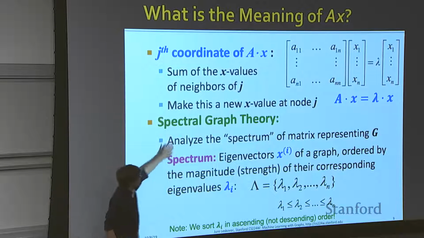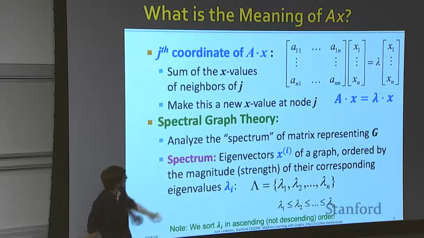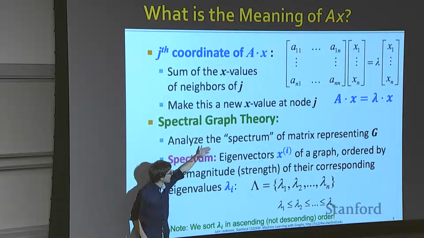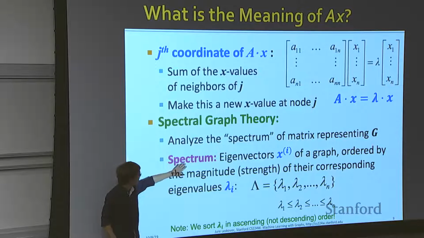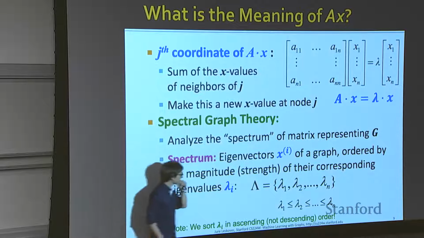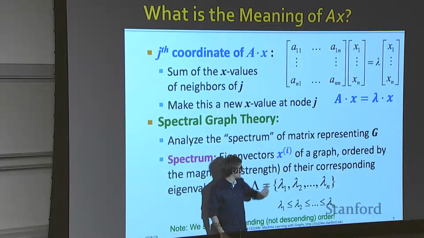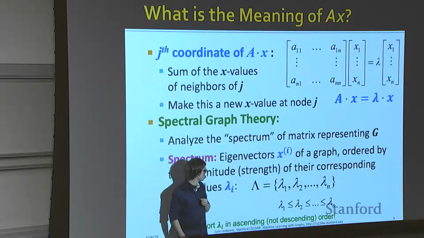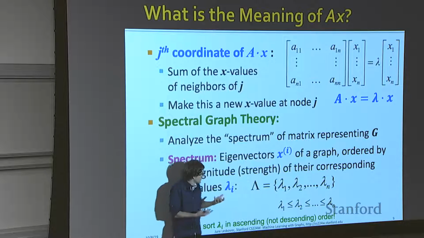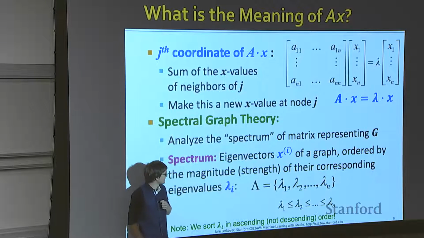So what is spectral graph theory? Spectral graph theory is a branch of applied mathematics that analyzes the spectrum of a matrix representation of the graph. So what is a spectrum? Given a graph, its adjacency matrix A has a given number of eigenvectors and the corresponding eigenvalues. The question is, what do these eigenvectors and eigenvalues tell us?